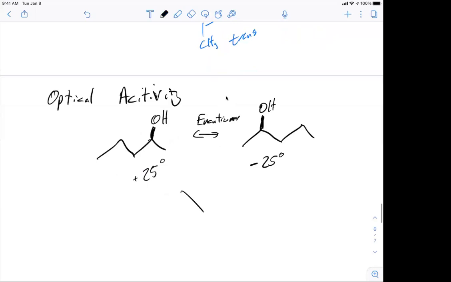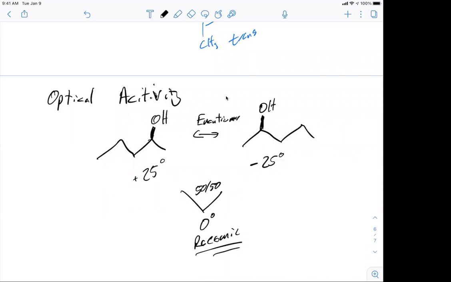And if I had a 50-50 mixture of these two, I know that I have a racemic mixture. That's actually where the term comes from: things that should be chiral were coming out with 0 degrees optical activity.